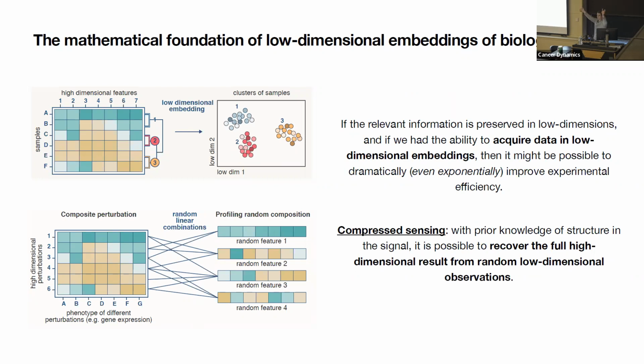So even if you do care about the individual outcomes to n different things, or the individual expression level of n different things, you don't need to just do your computational inference in low dimensions. You could reconstruct that full high dimensional signal from the low dimensional data.